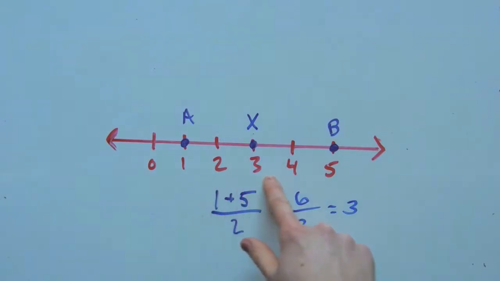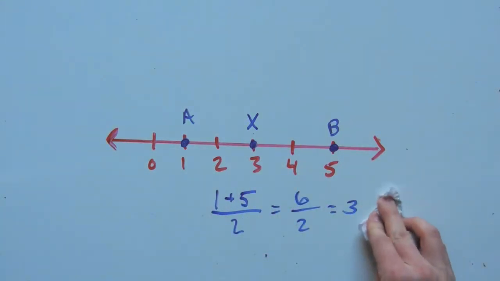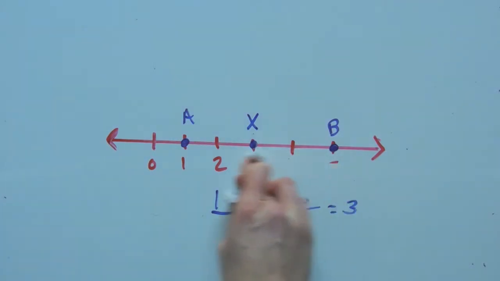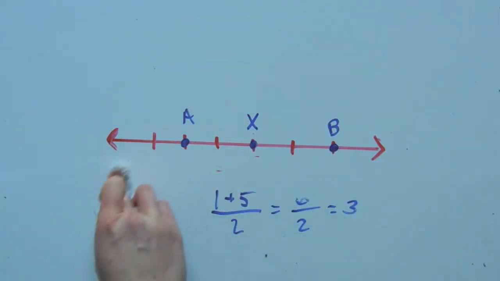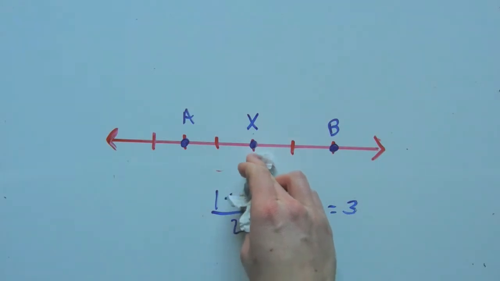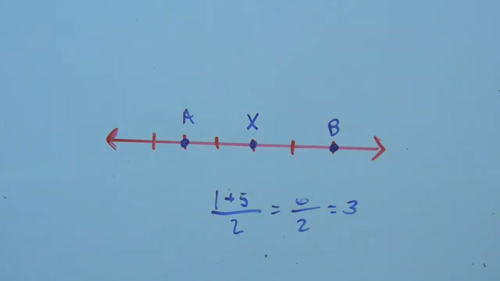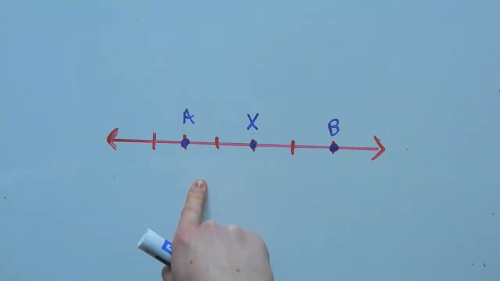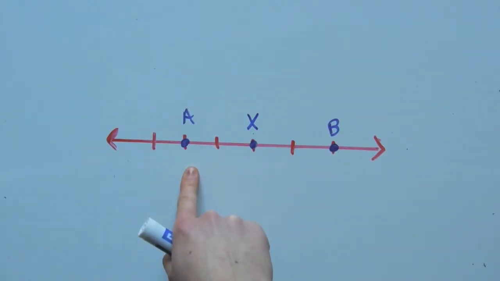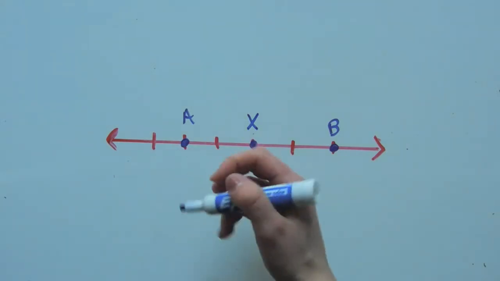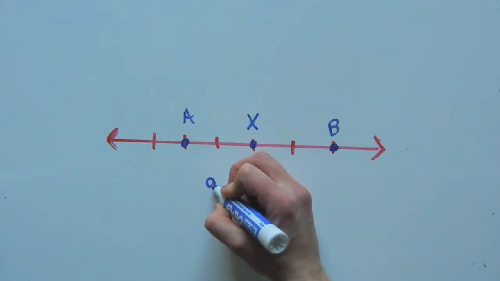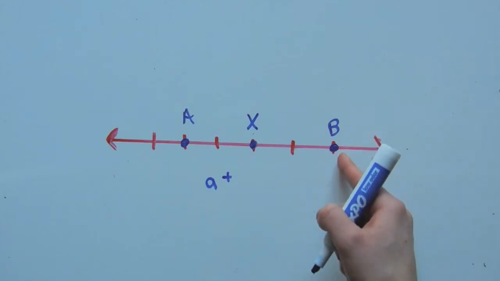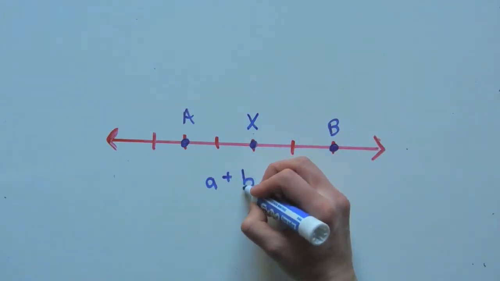But let's say I didn't have these numbers on the number line, and A and B represented some other points on the number line. The formula is still essentially the same. Let's say that point A falls on the line at some number that we're going to represent with the variable little a, and point B falls on the line at some number we're going to represent with little b.